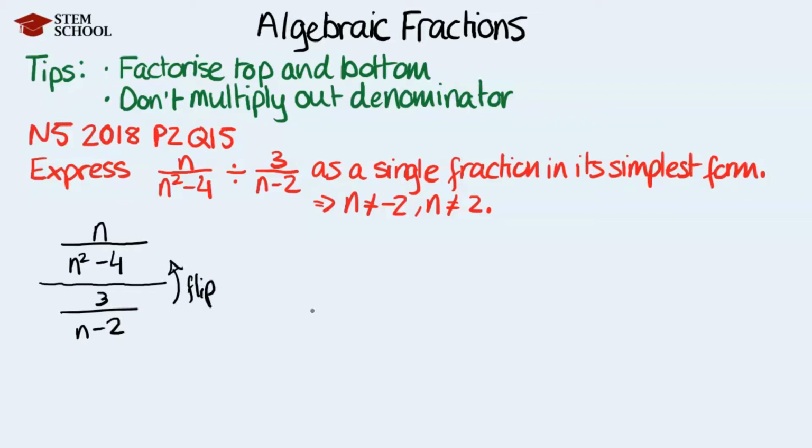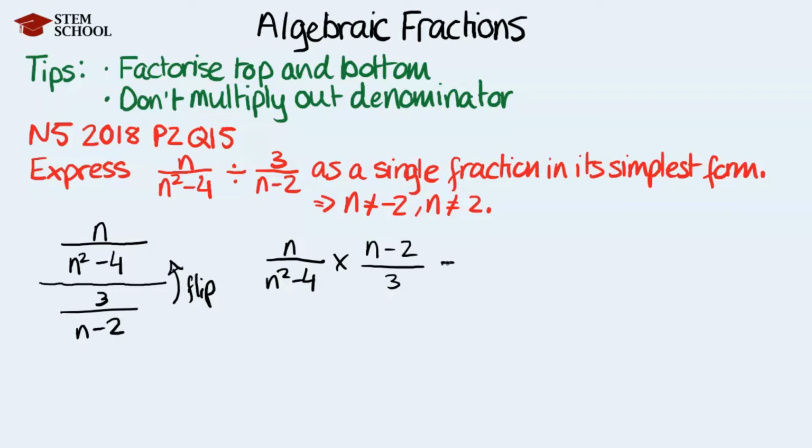What do I mean by that? We're doing n all over n squared minus 4, and we can times it by the reverse, so we can put n minus 2 all over 3. So that's what I mean by flip. That's a useful thing to always remember. You just flip this bottom fraction and you multiply it instead of dividing.